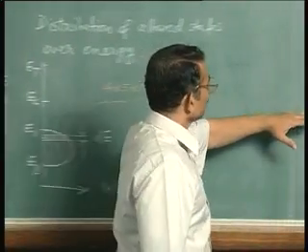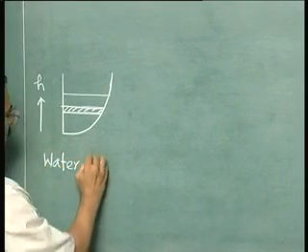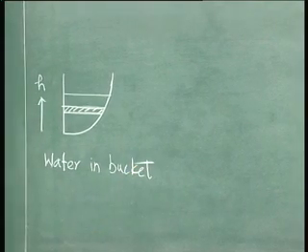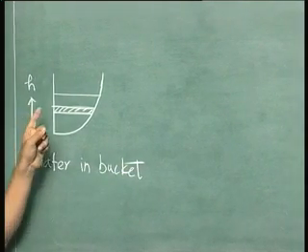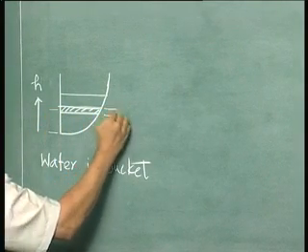That is what makes sense. So similarly here, in this water in bucket analogy, it makes sense only to talk about water at any height h within an interval dh.